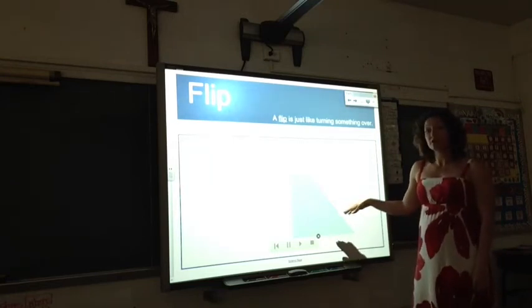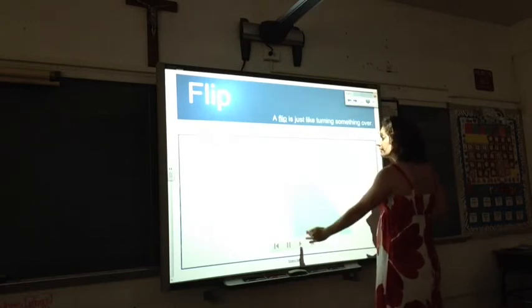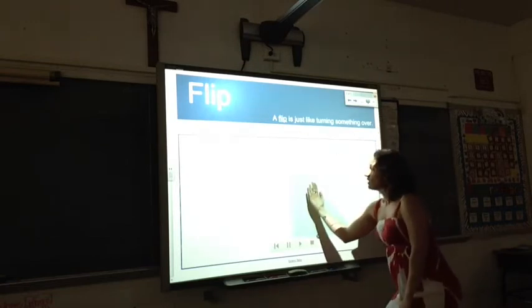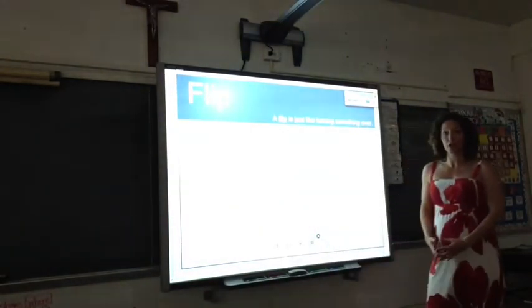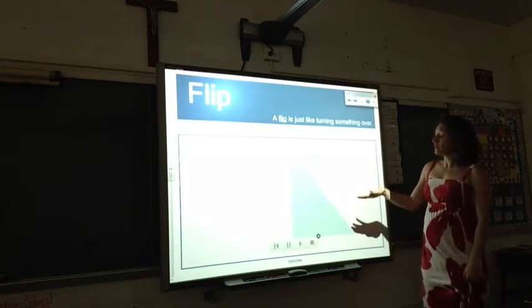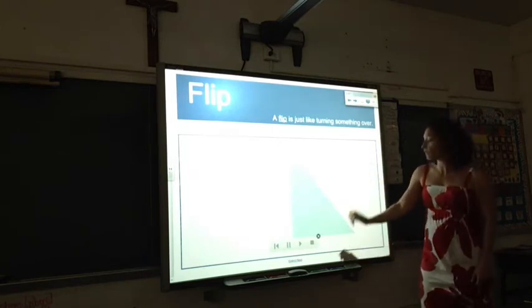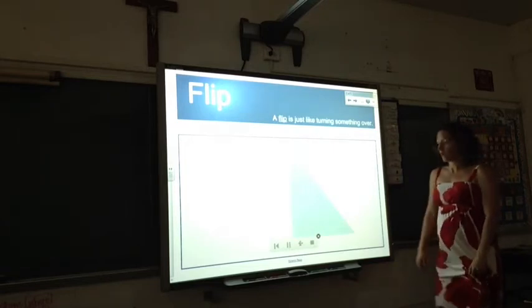This flip is going to demonstrate a flip over a vertical line. So you're going to see this triangle and it's going to flip on the other side of this line. So take a look at this flip showing the shape being turned over. Okay, let's see that again.